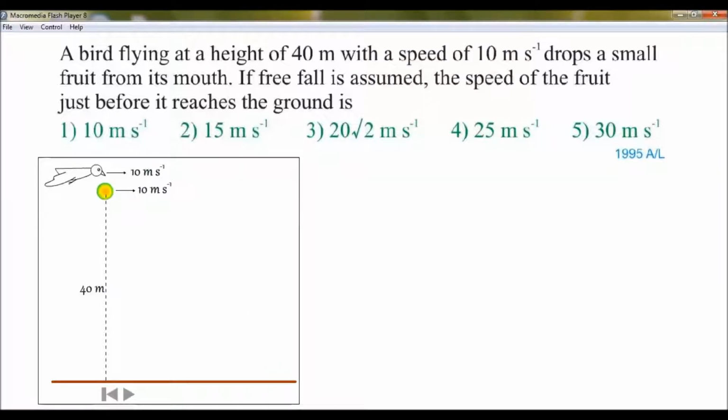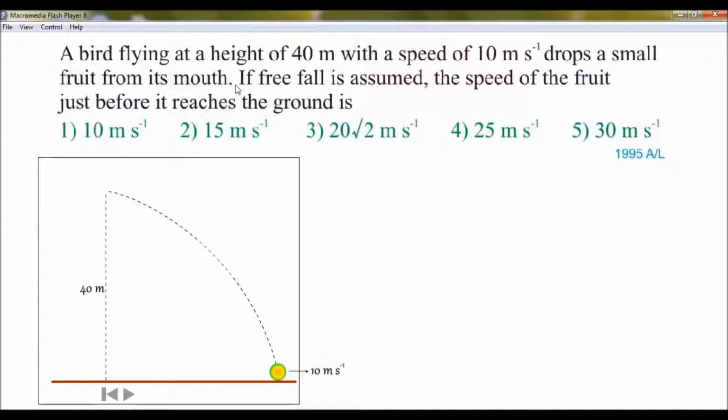That is the same as the bird's horizontal component. During the motion the horizontal component does not change, because there is no force acting on this fruit horizontally. But the vertical component is not like that; it increases because of gravitational acceleration.